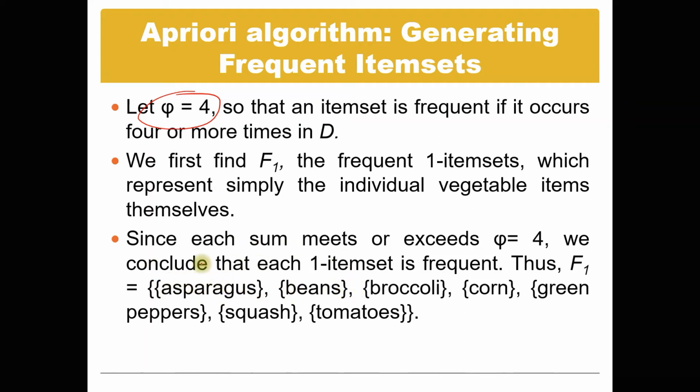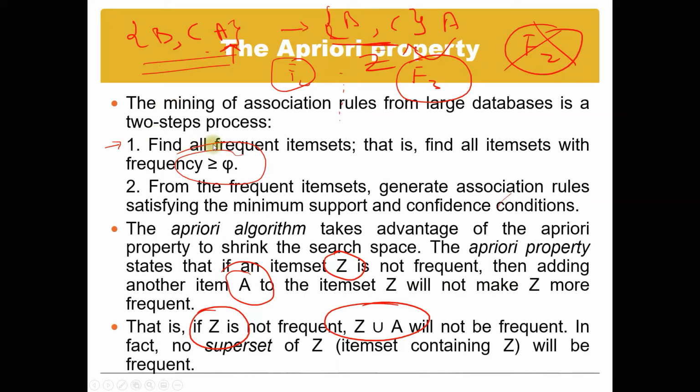You can start deriving rules from them. Remember that the idea is that you have to find all frequent item sets, like here, we've got F1. Then from the F1, we are going to generate association rules satisfying a minimum support and a confidence condition.